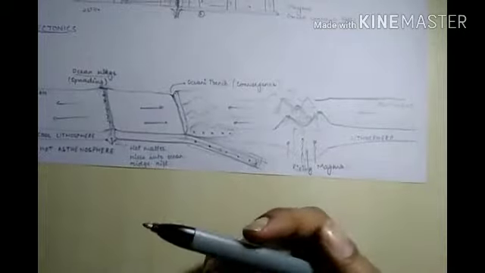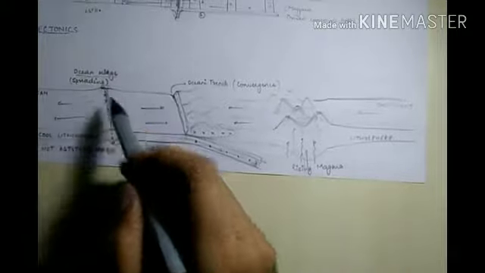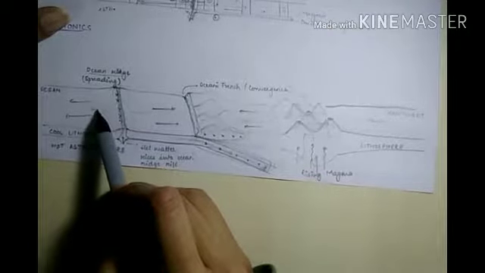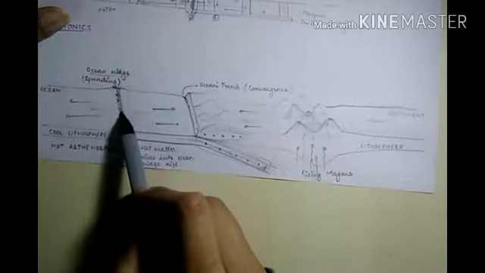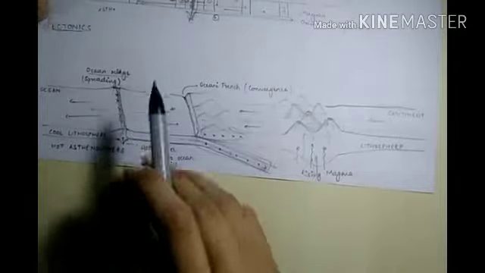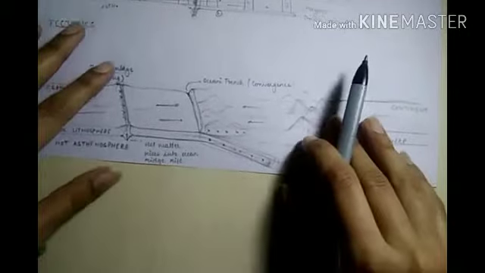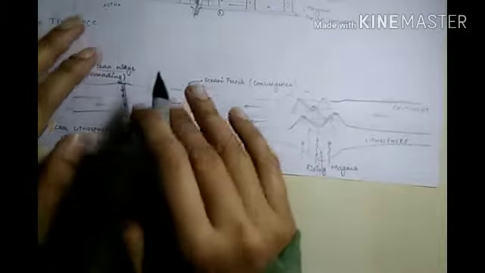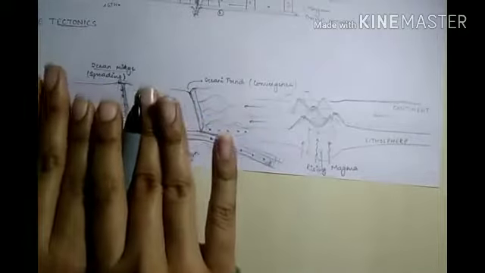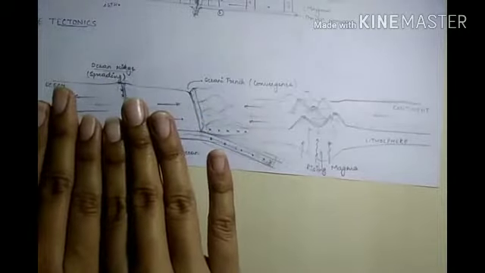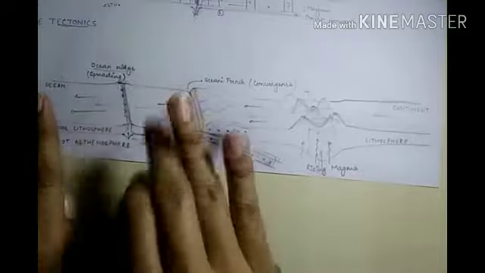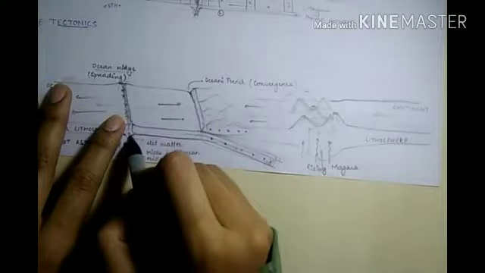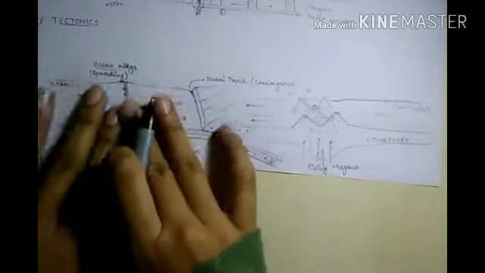Now we will study about volcano. At the constructive plate margin, when the plates are moving apart, here we can see fissure volcanoes, which are very slow volcanoes. They don't form any sort of cones. When the plates move apart, the area is left blank, and here magma rises and it's spread all over.